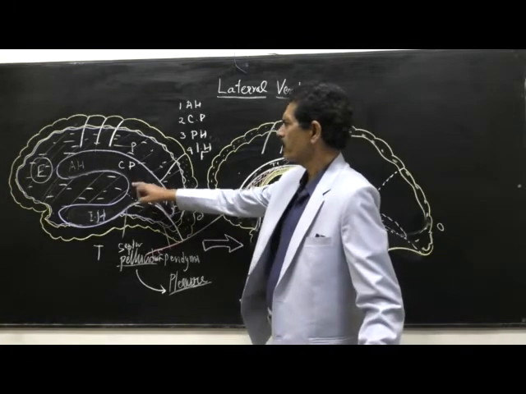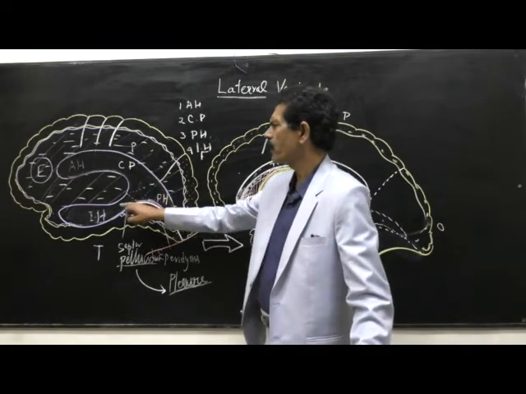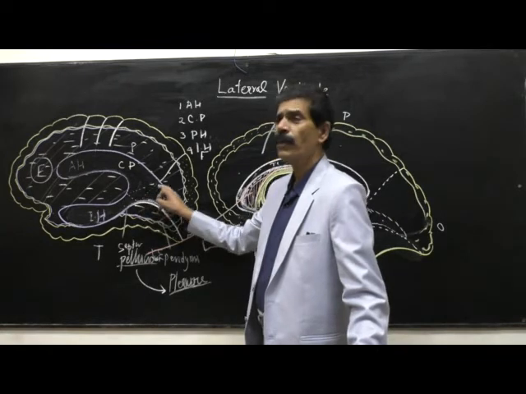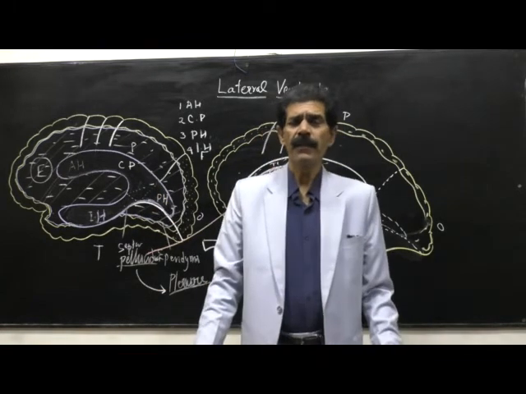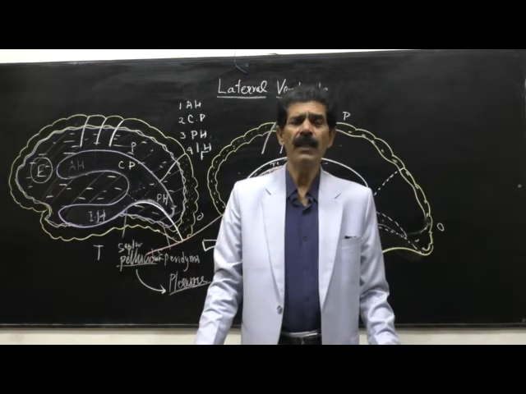And the meeting place of the central part, posterior horn and inferior horn is called the trigone area. So it is the triangular area. It is called the trigone area of the lateral ventricle.